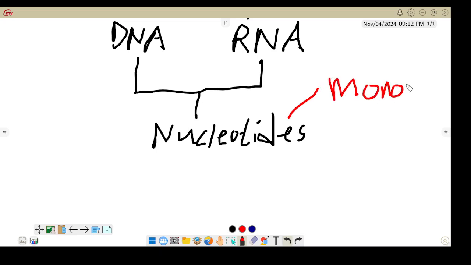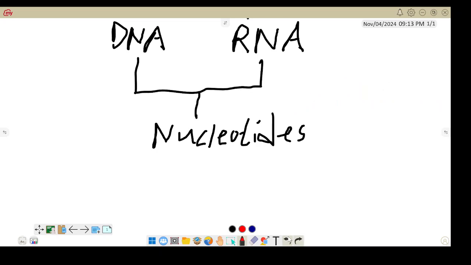They are monomers of DNA and RNA, meaning that when we combine different nucleotides, they would either form DNA or RNA.